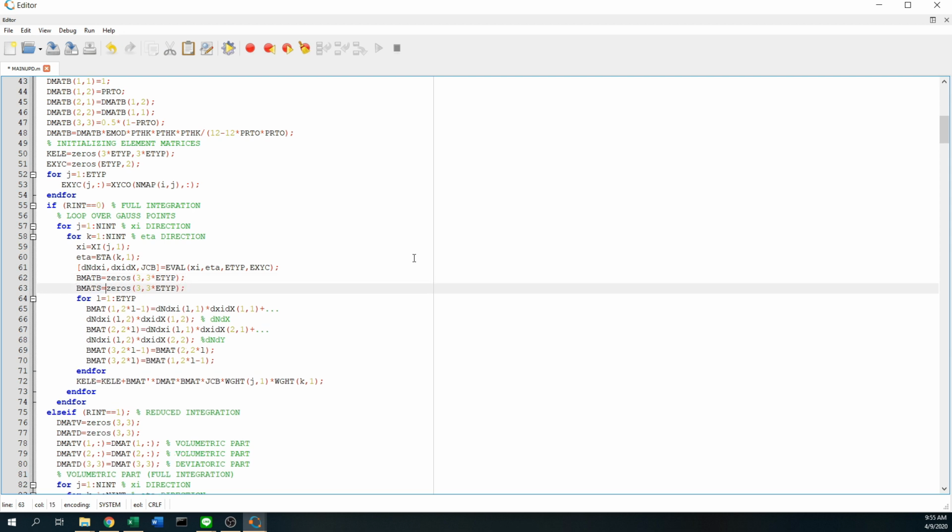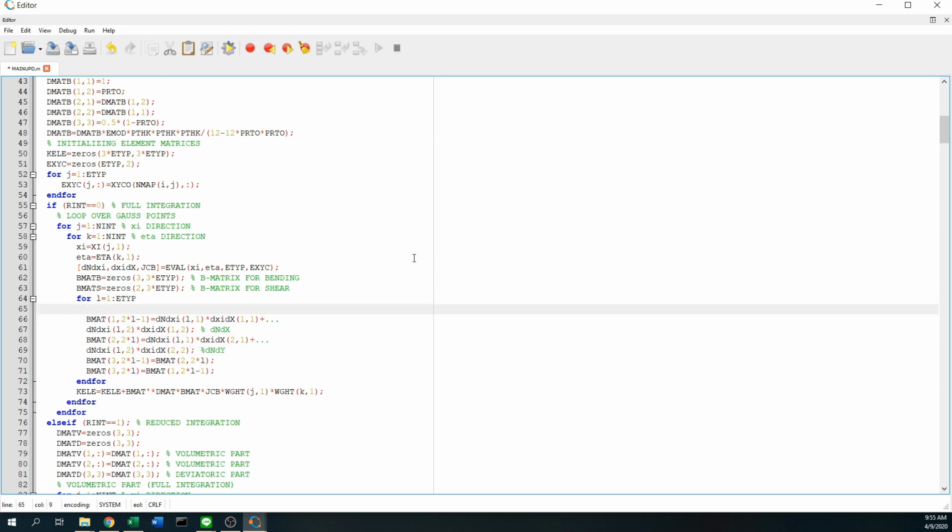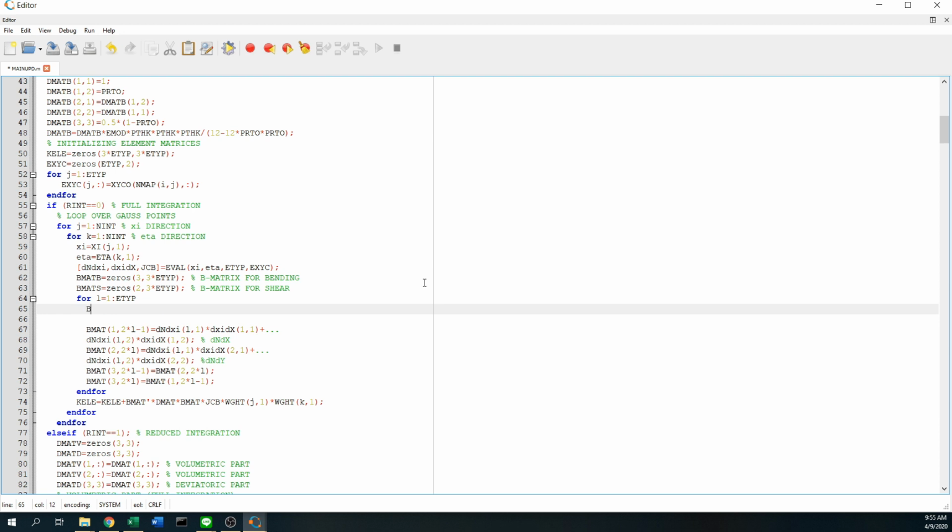B mat S is going to be 2, so B matrix for shear, and for bending, separate. And for I equals 1 to element type, we're going to get rid of all of these. B mat bending first.